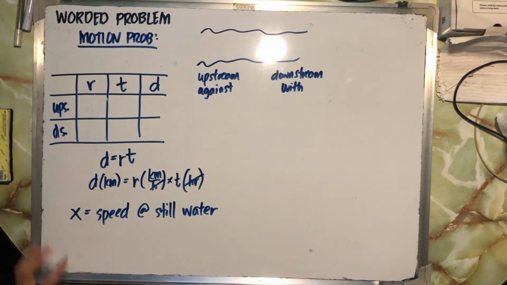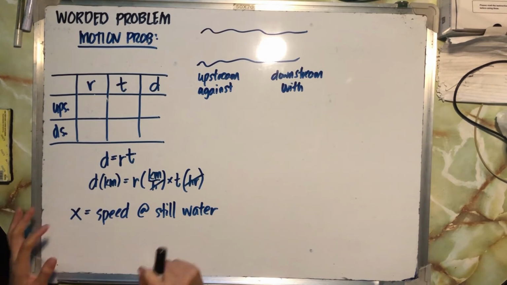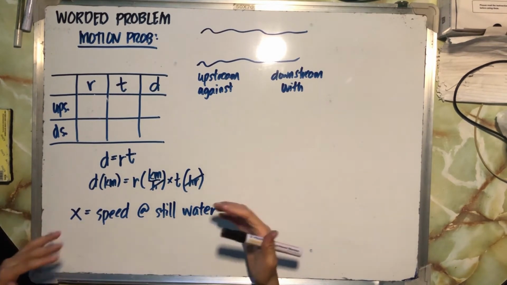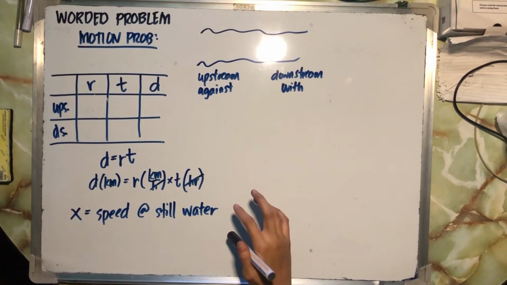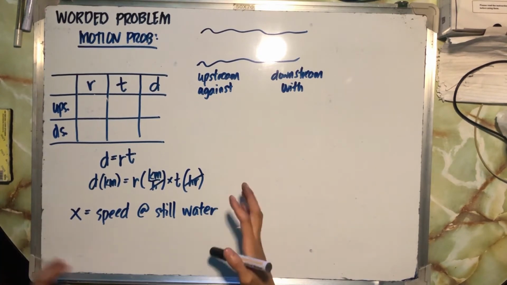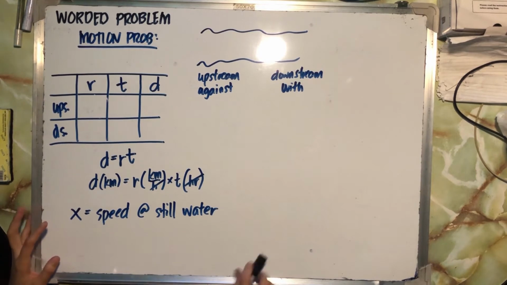Okay? And syempre, ang movement kasi ng boat natin sa river, depende yan, no? Kung against the agos ba siya or with the agos ba siya, with the current ba siya. Kasi nga, nakaka-apekto yung agos pag wala ka sa still water. Diba? Parang may tulak at may hila effect na binibigay yung agos natin.